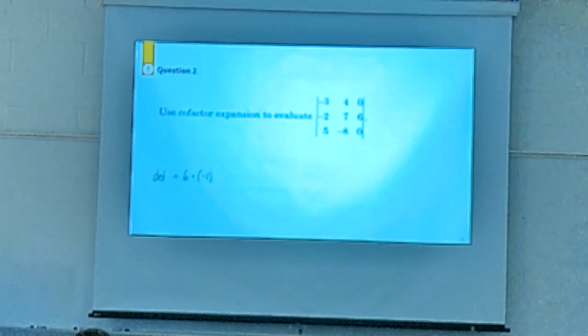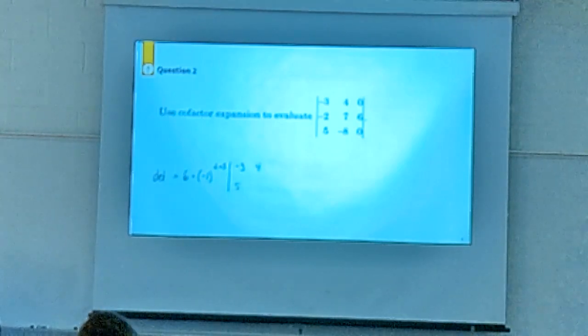What entry is that 6? Negative 1 to the 2 plus 3, now times the determinant. Negative 3, 4, 5, negative 8. And then 0 times anything is 0.